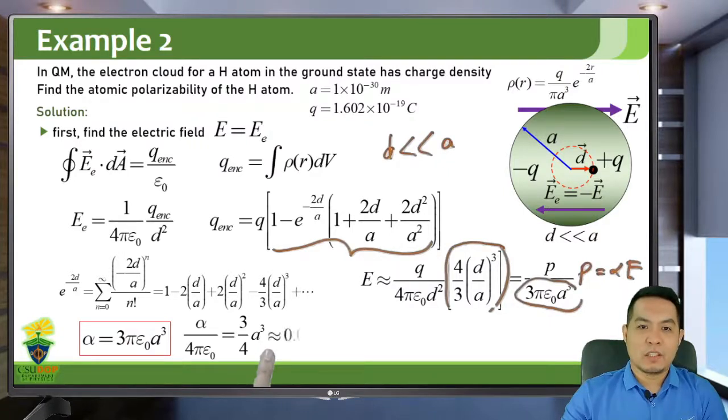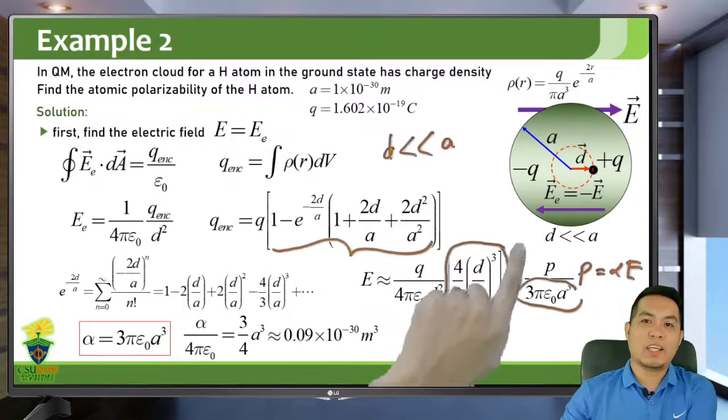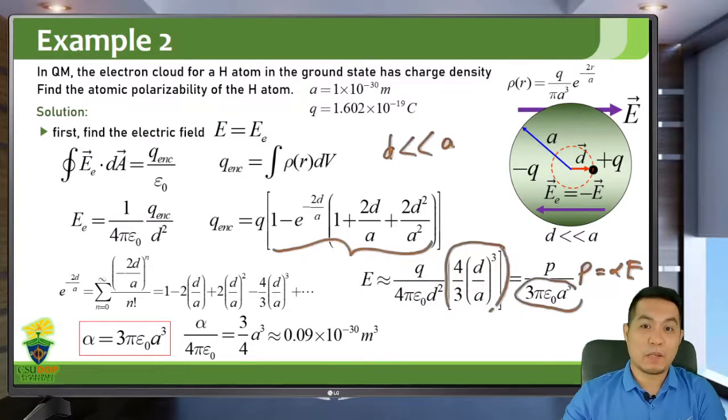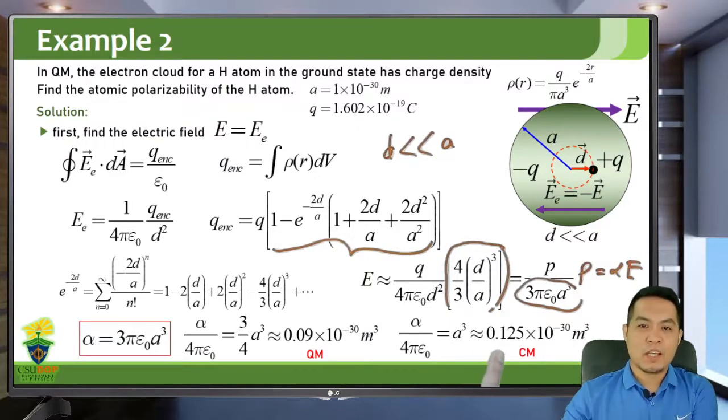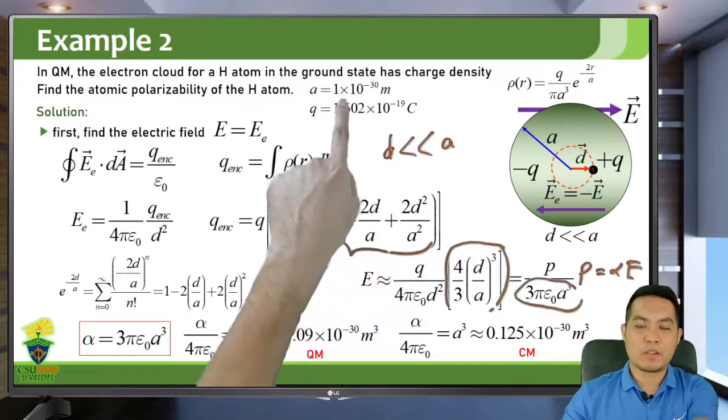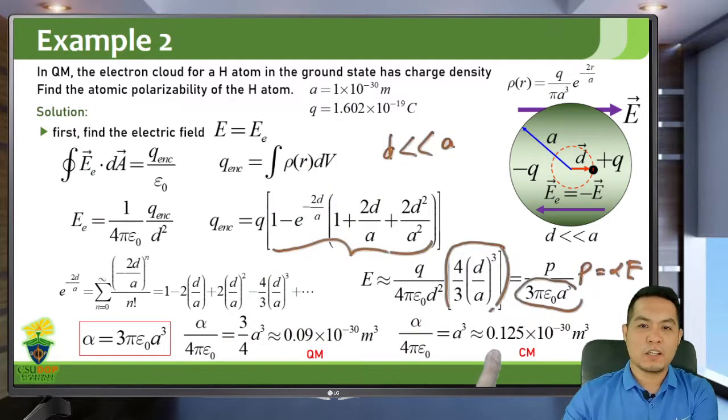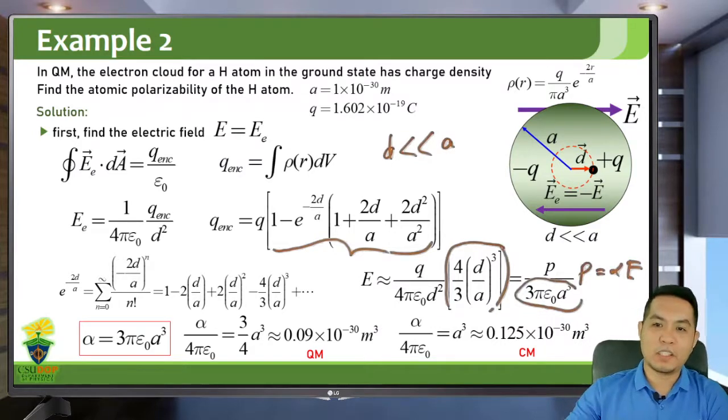And if you plug in the given values, you will get a value of 0.09 times 10 to the negative 30 cubic meters. Now, if you use the classical result, if you treat the hydrogen atom as a primitive atom, so that's the classical mechanics case, alpha over 4 pi epsilon naught is a cubed, the previous result. So using the Bohr radius, you will get 0.125 times 10 to the negative 30 cubic meters.